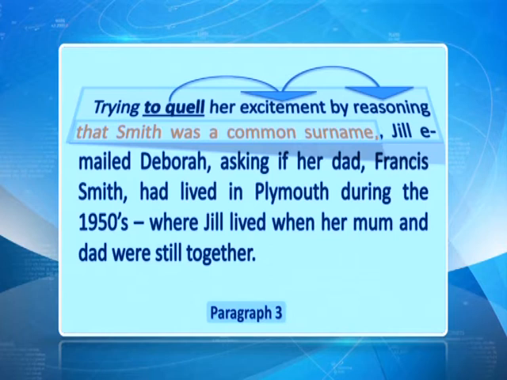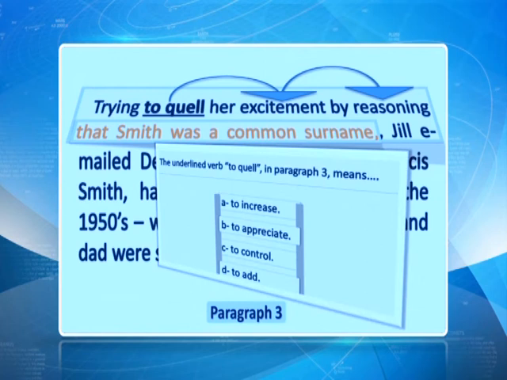Okay? So she's trying to limit her excitement by thinking that, well, after all, Smith is a commonly used name or surname. Okay? So she doesn't want to be disappointed, and therefore she's trying to quell her excitement, she's trying to control her excitement. Well, the underlined verb to quell then means to control.